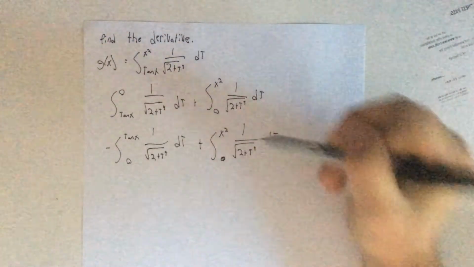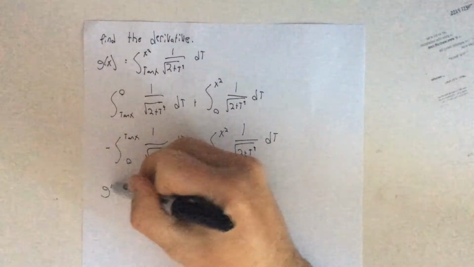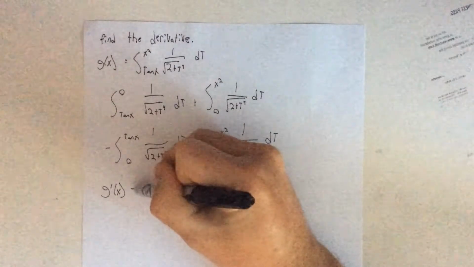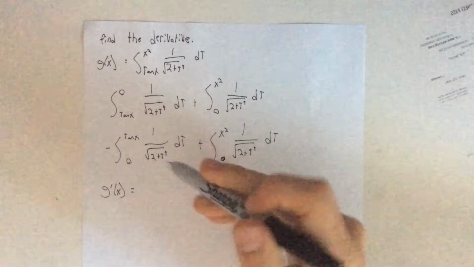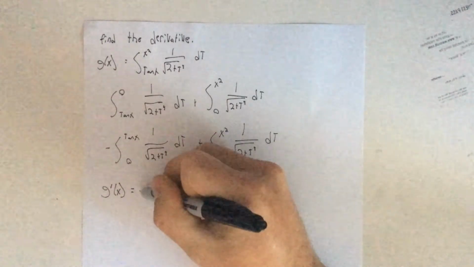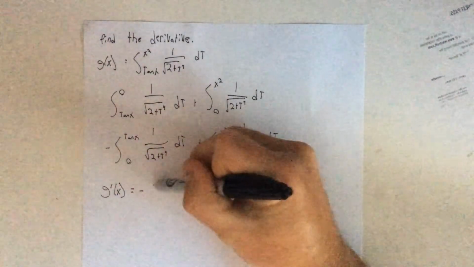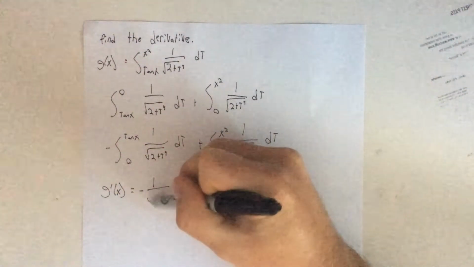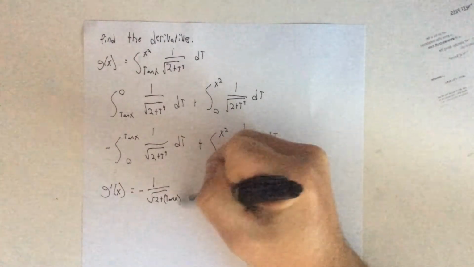Alrighty. And then to find the derivative, we just apply what we've learned. We plug in the tan x to this, and of course we're not going to forget our negative. That's a common mistake. And we'll have negative 1 over the square root of 2 plus tan x to the 4th.